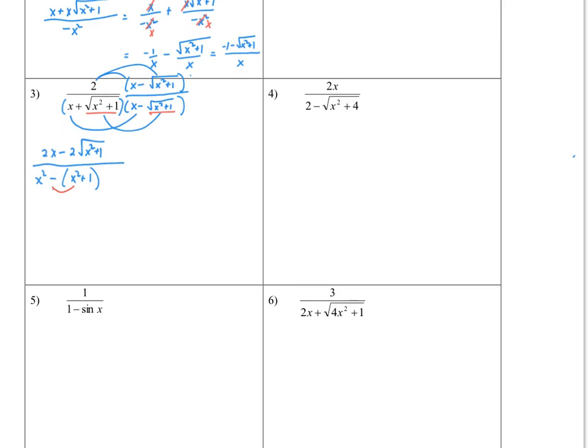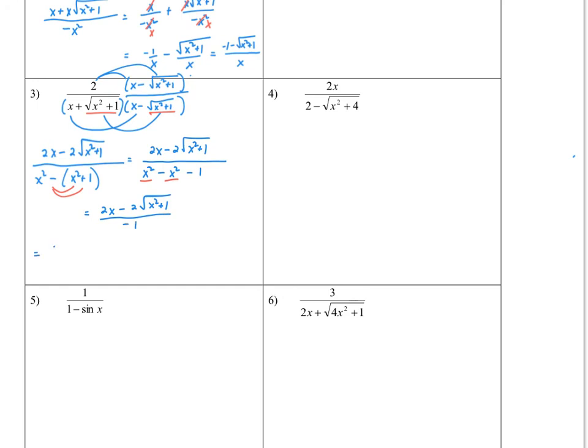Okay, in the denominator we can distribute the negative. We will get 2x minus 2 root x squared plus 1 divided by x squared minus x squared minus 1. In the denominator we have like terms that we can combine. So we get 2x minus 2 root x squared plus 1 divided by negative 1.